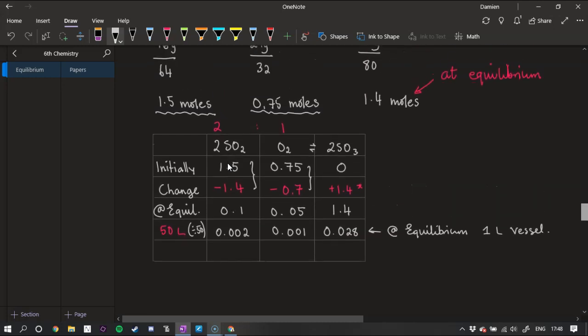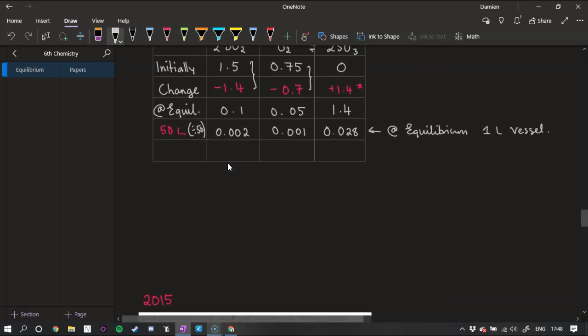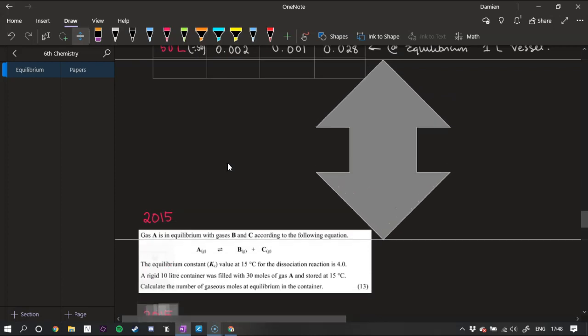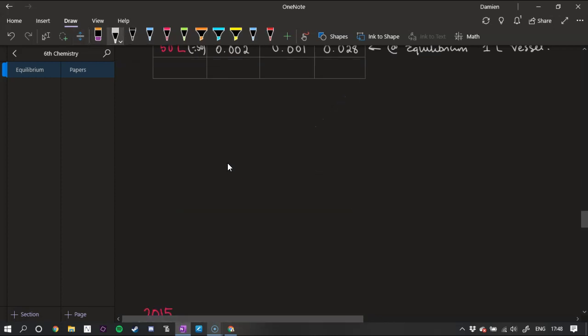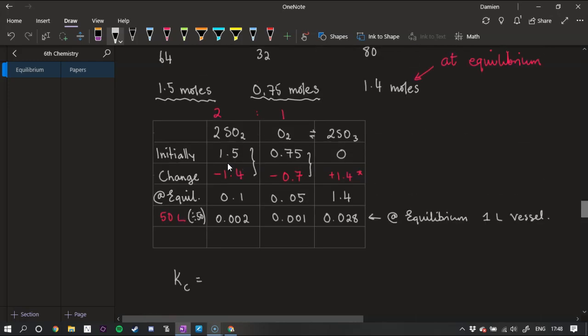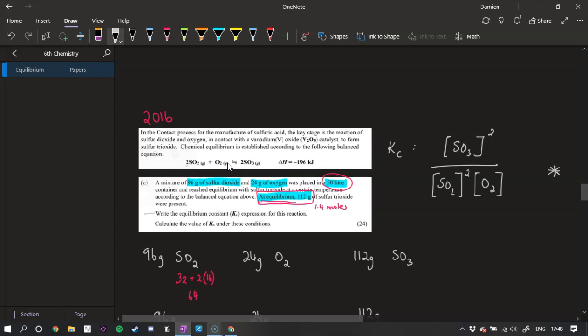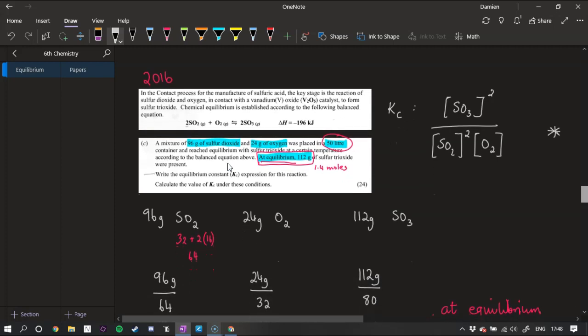Okay, so now we've got to take these numbers and pop them into our Kc equation. Let's just make a bit of space. So again, working with our Kc equation, and the Kc equation is up here. There's the details. So we're going to just pop them into that equation there.